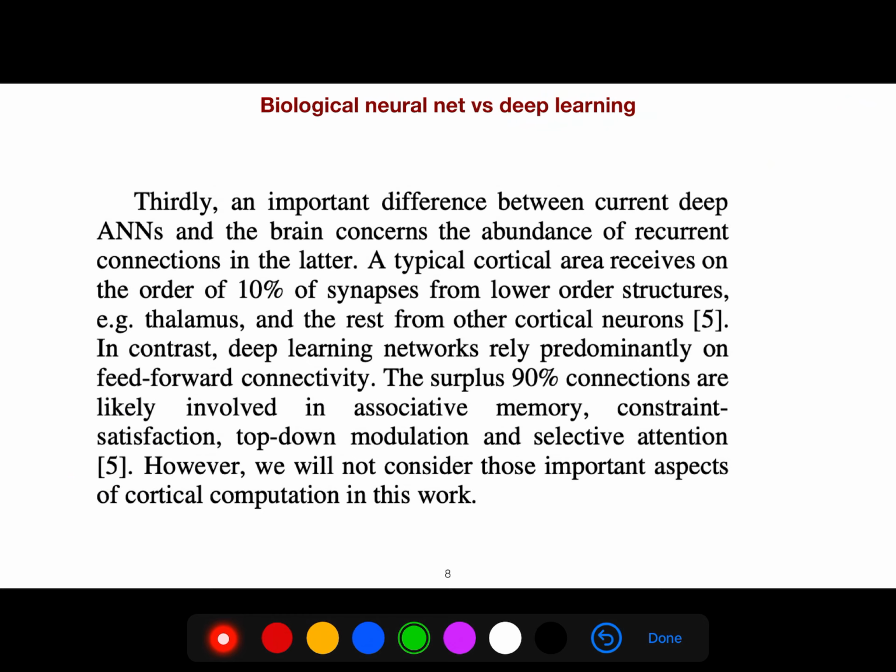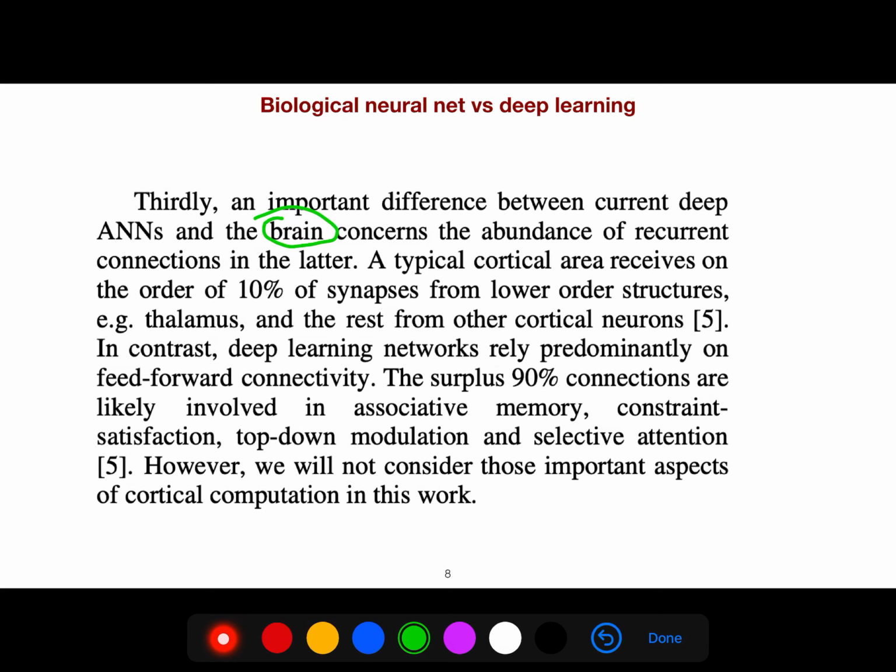Thirdly, an important difference between current deep artificial neural networks and the brain concerns the abundance of recurrent connections in the latter. So it means that the brain has lots of recurrent connections in comparison to artificial networks.